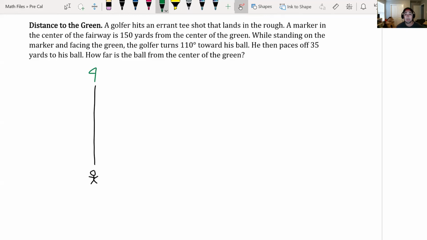Then he hits it, so he shanks his shot 110 degrees. So, well, he turns 110 degrees.